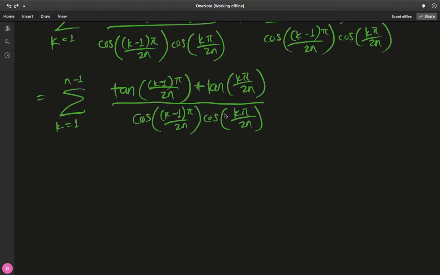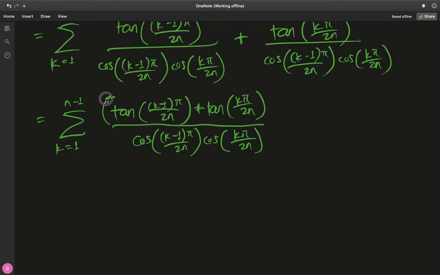So as I just explained, we have an a plus b factor. We just need to multiply and divide. Let me use square brackets for clarity. Let me multiply and divide by this separate factor: tan of k pi over 2n minus tan of k minus 1 pi over 2n. Let's have the greater angle minus the lesser angle, so that we don't end up with a negative.